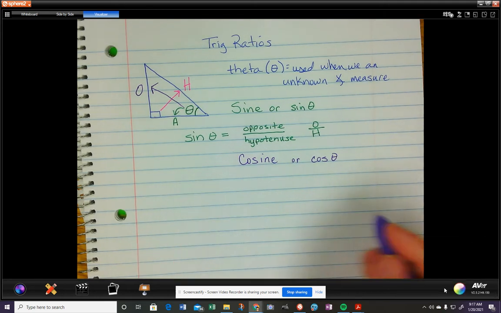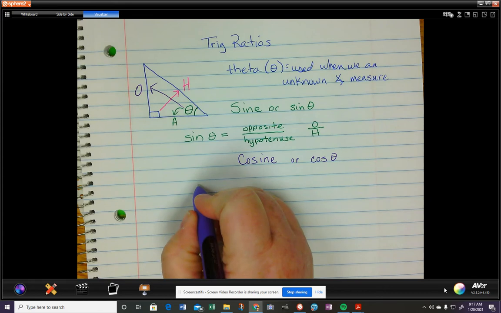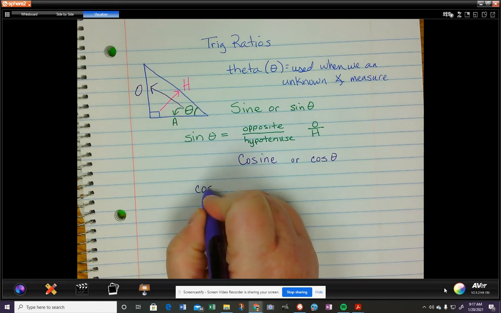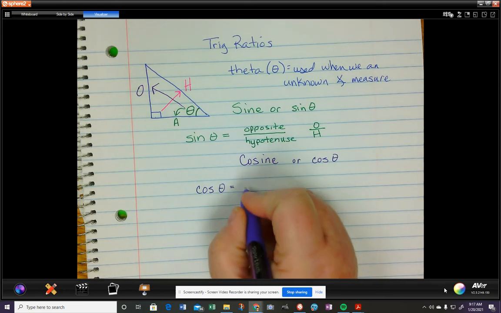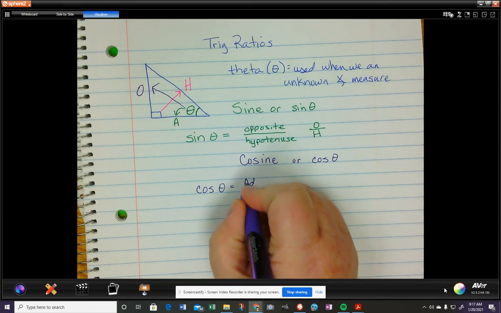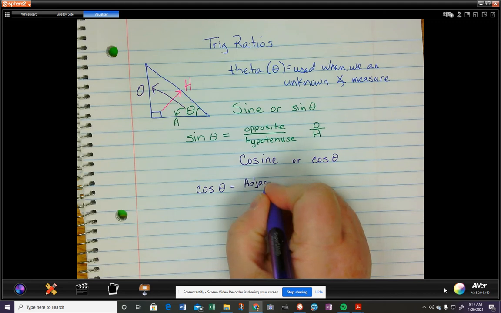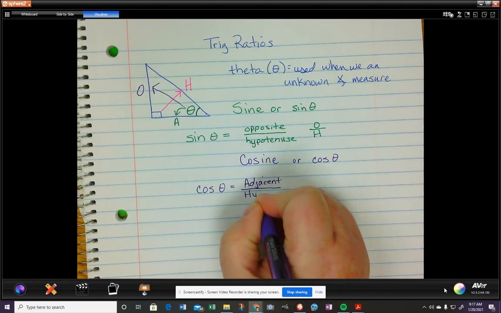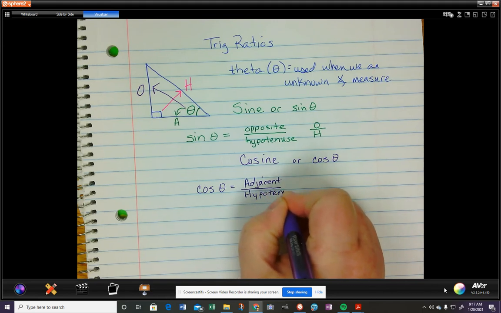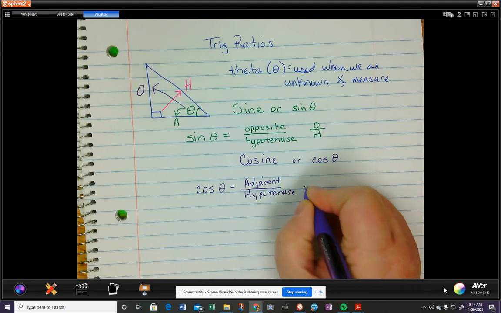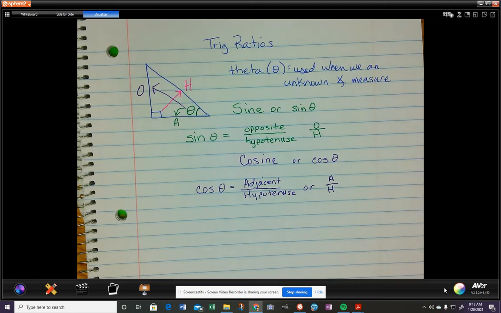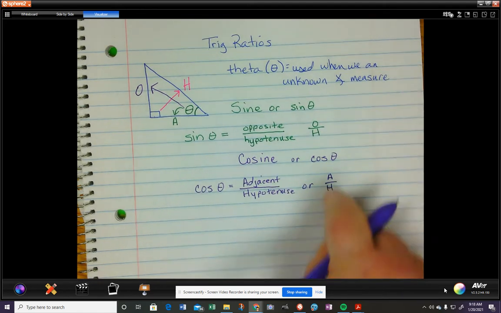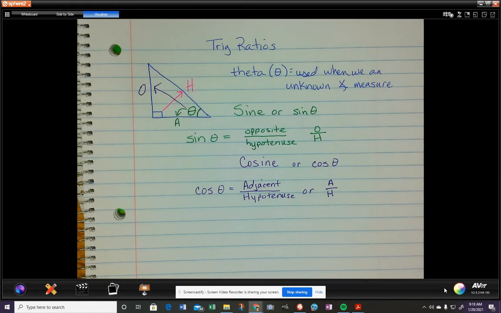Okay, so this one would be cos theta equals, this one's a little bit different. It's adjacent over hypotenuse, or A over H. I'm putting both so you'll see what I mean.